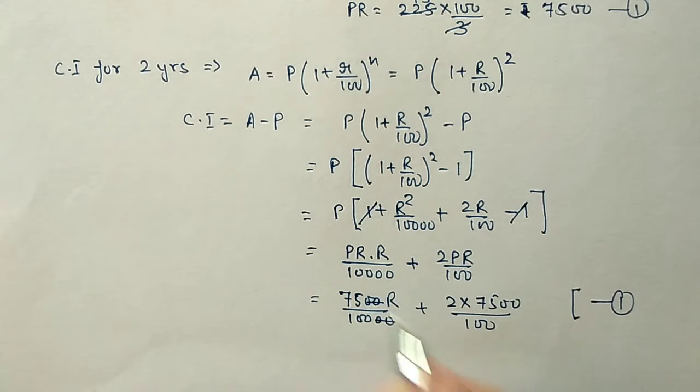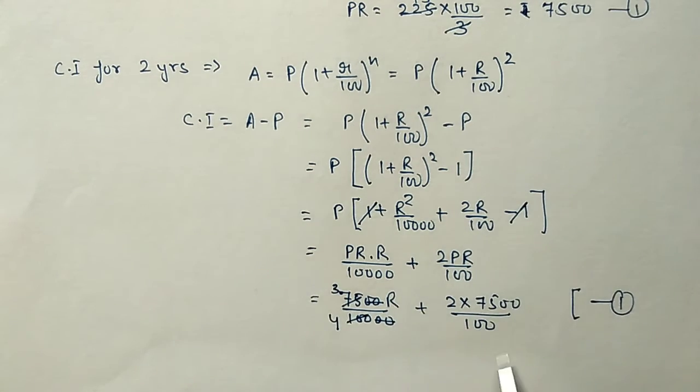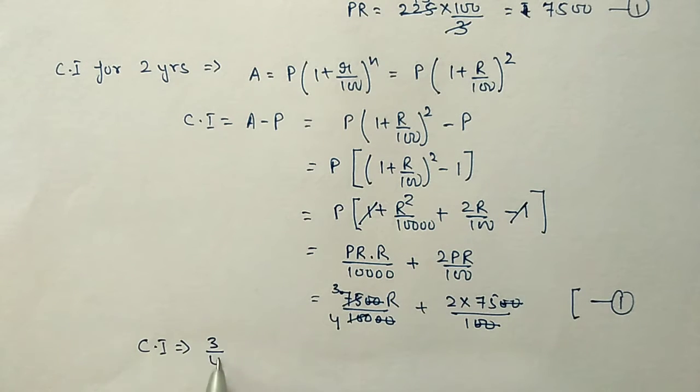2 zeros we can cancel out here. 25 3s and 25 4s we can cancel out. Here also 2 zeros we can cancel out. So compound interest we have here 3 by 4 R plus 150, and this compound interest in the question is given as 153.